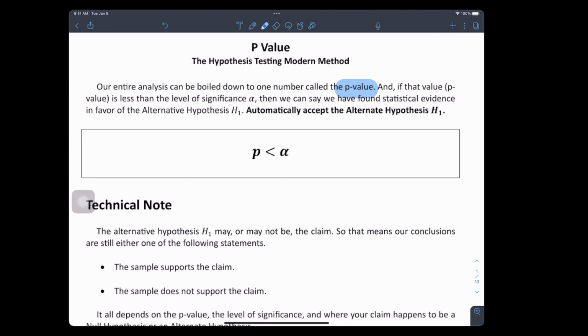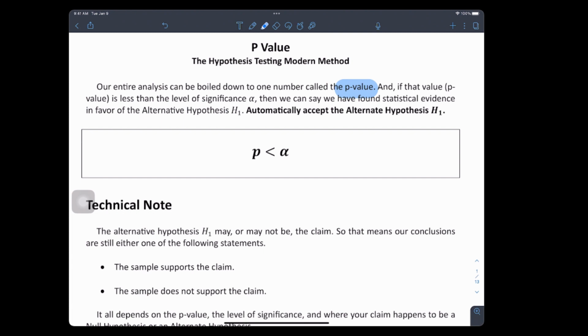So remember what you're doing here. You're testing a hypothesis. And what they're saying is, going out and taking a sample now, we're not going to compute a test statistic and see where that test statistic lives. We're going to compute a p-value. It's really based on the test statistic, but that's a whole other story. And we want to find if that value is less than the level of significance.